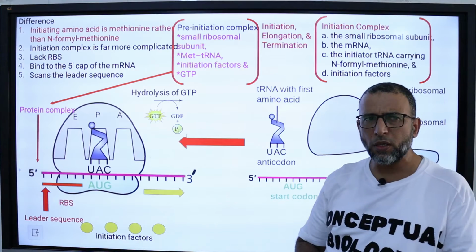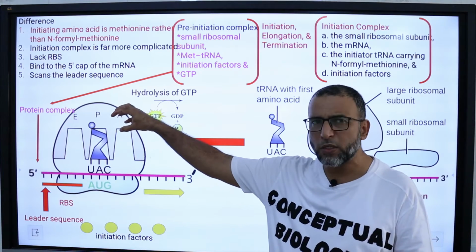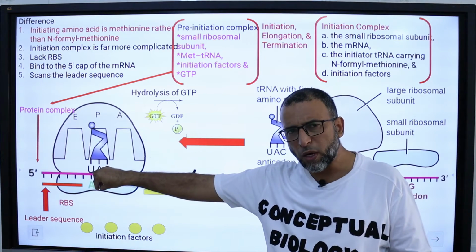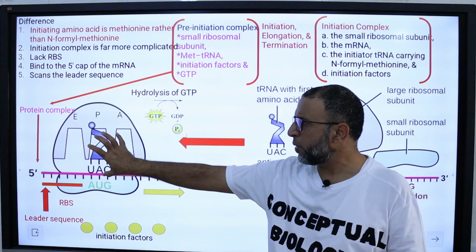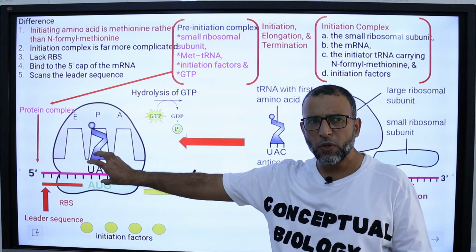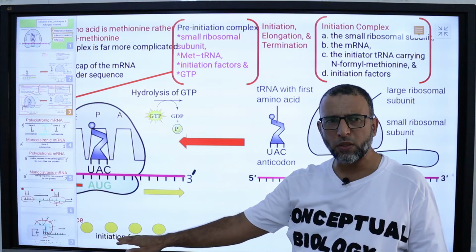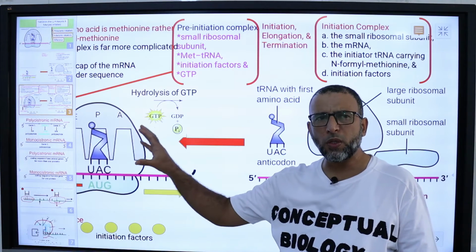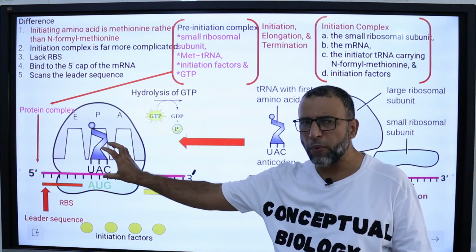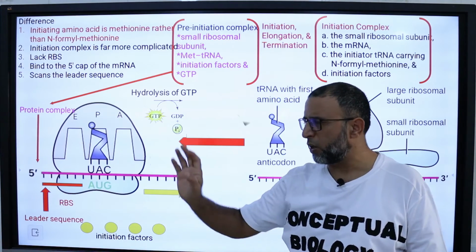Step number 3 is when the large ribosomal subunit binds to the small ribosomal subunit to form an intact ribosome, and the remaining initiation factors are released.